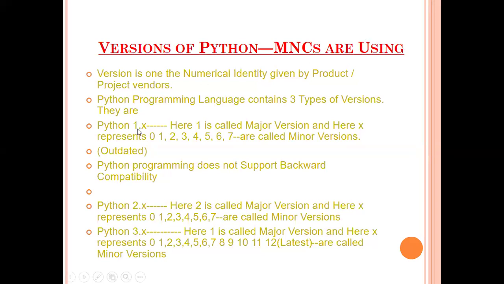In Python 1.x, 1 is the major version and x represents the minor versions, like 1.1, 1.2, 1.3, 1.4, 1.5, 1.6, and 1.7. Whatever comes after the decimal point are the minor versions. These are the minor versions of Python 1.x, which is outdated nowadays.